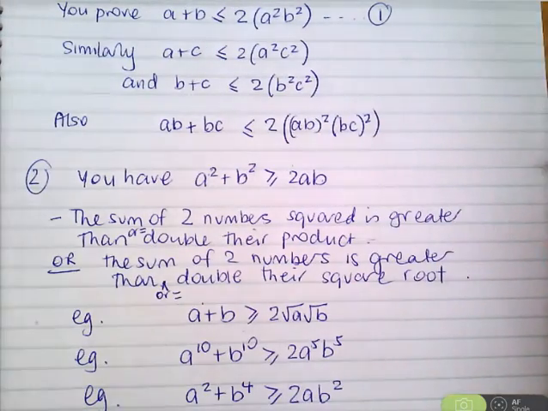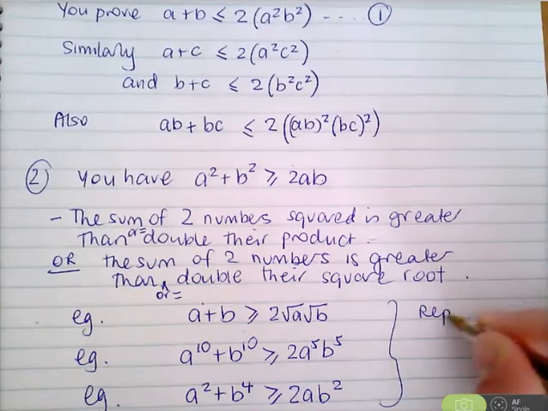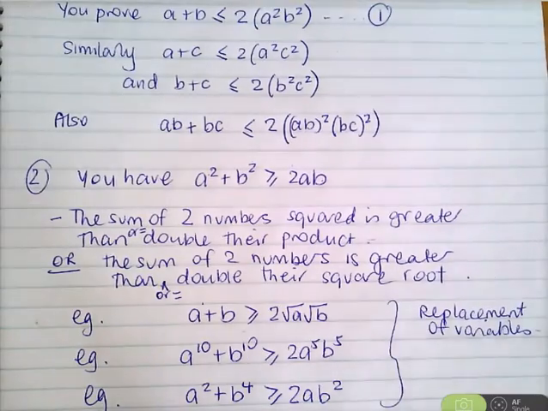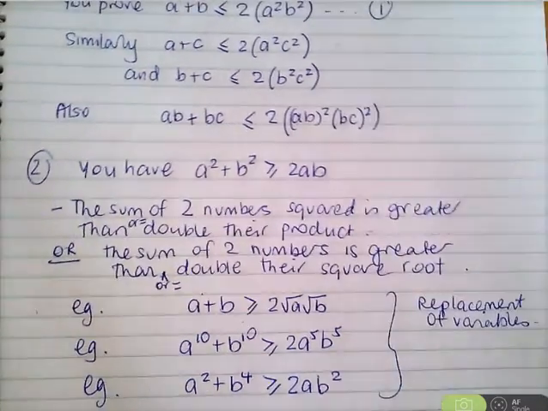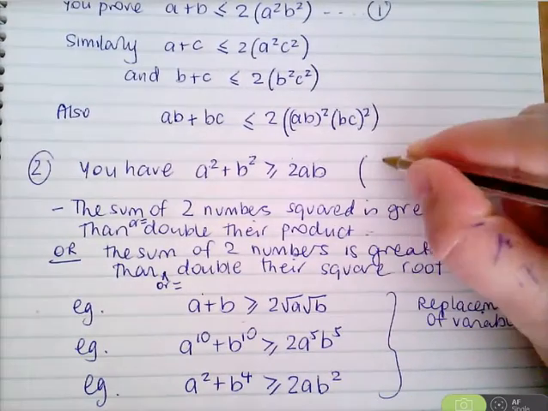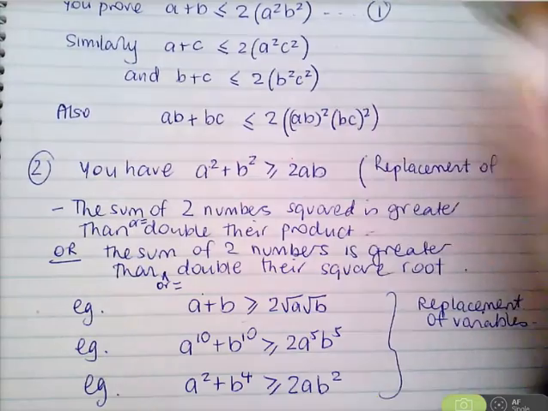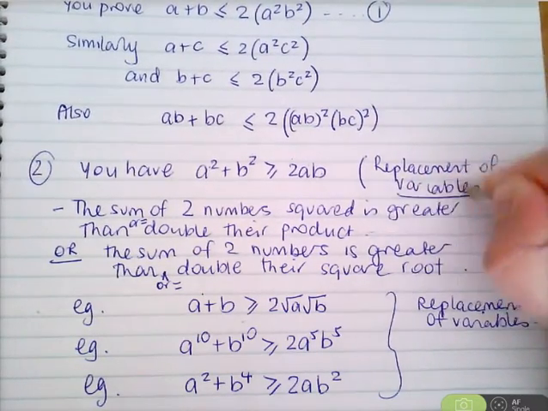What we're really doing here is the replacement of variables. You will need to do that at times with these problems, okay? So that one's use of similarity, this is replacement of variables.